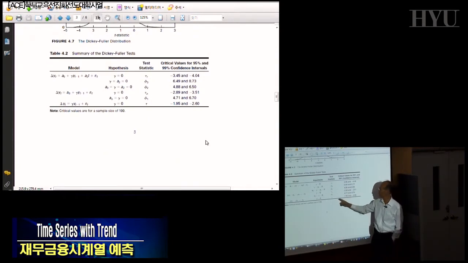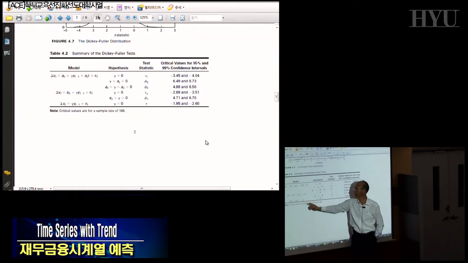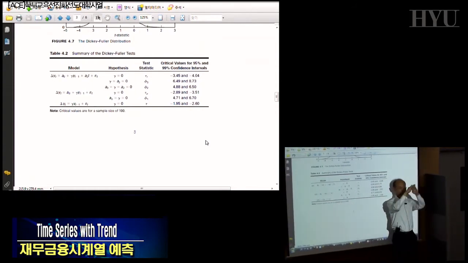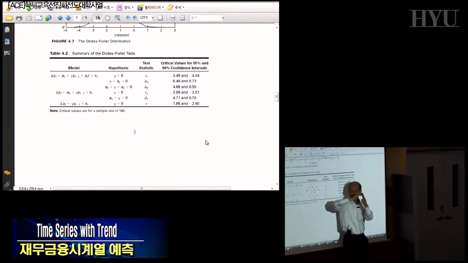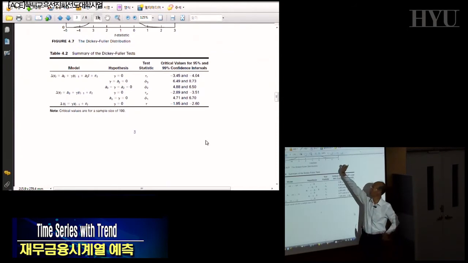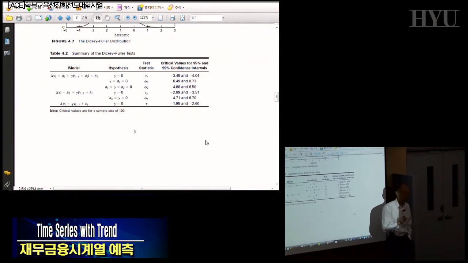So if you look at this one, this is the t distribution. The distribution shifts a little bit like this. If you move toward this way and that way, more to the left, and then a longer tail. So we say the distribution under the null hypothesis is sensitive to nuisance parameters.